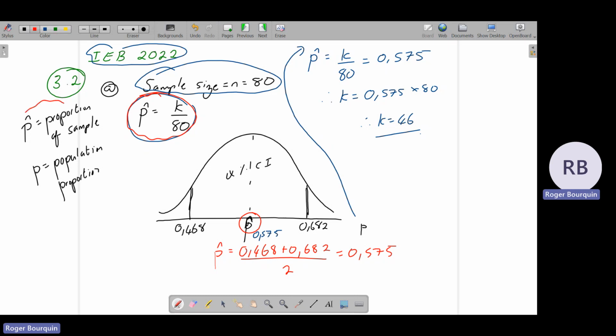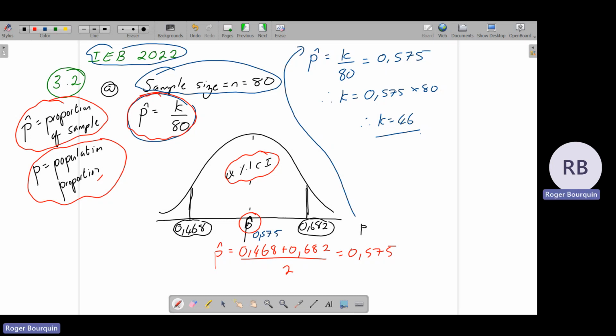Remember the notation that we use: p hat is the proportion of the sample and p is the actual population proportion. So K over 80 said that they were planning to vote. Then an alpha % confidence interval for the actual population proportion p of those planning to vote for this party was between 0.468 and 0.682.